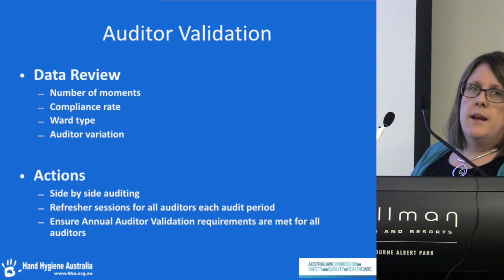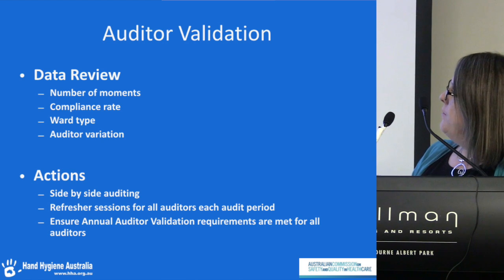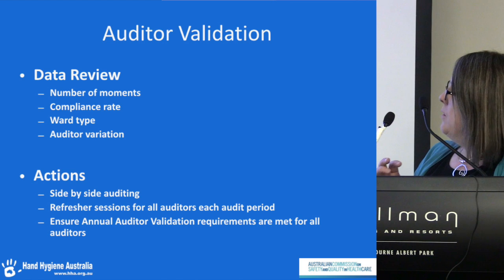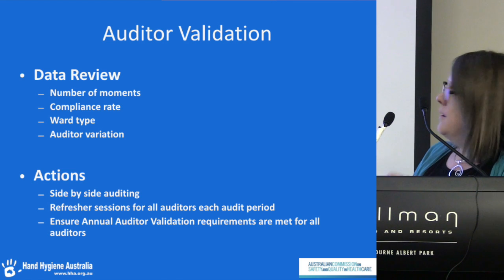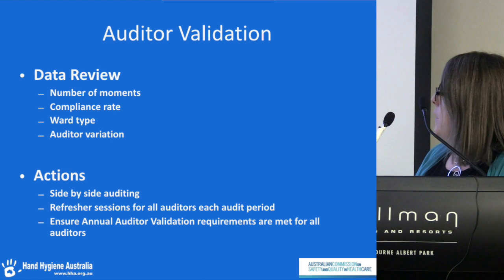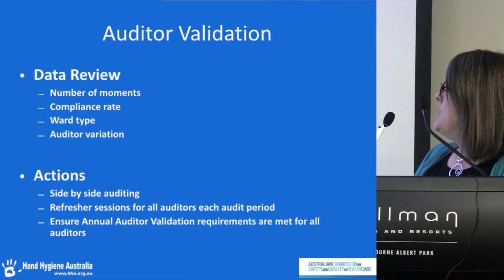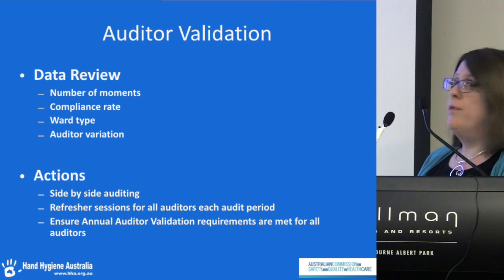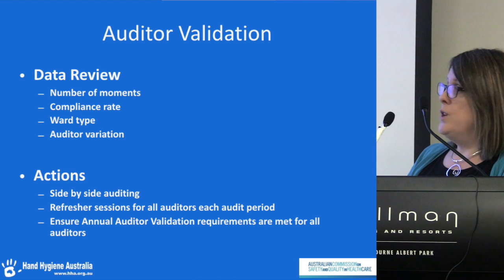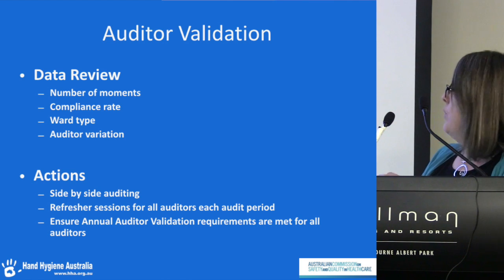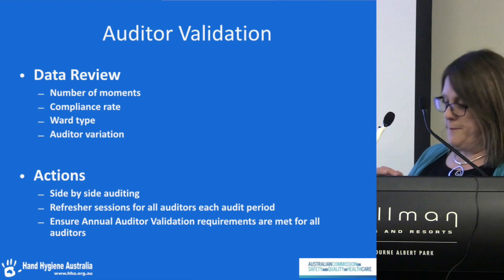So if you find that there's an issue with maybe the auditing quality, some actions that you could run with are doing some side-by-side auditing, organising some refresher sessions for all the auditors, which we recommend you should do each audit period, and also ensuring that the annual auditor validation requirements are met for all auditors.